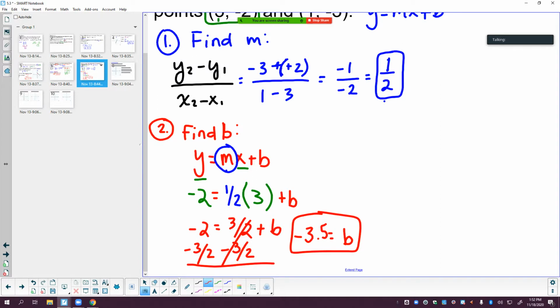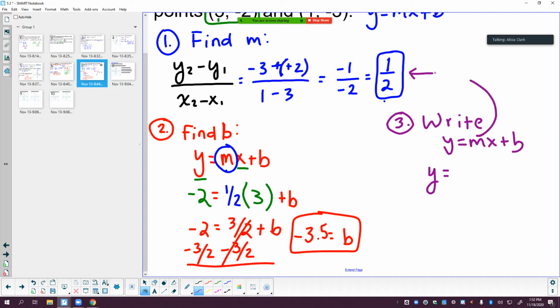Now the third thing I need to do is write my equation, y equals mx plus b. So I know that y equals m, this is the value that we found right here, so 1/2.